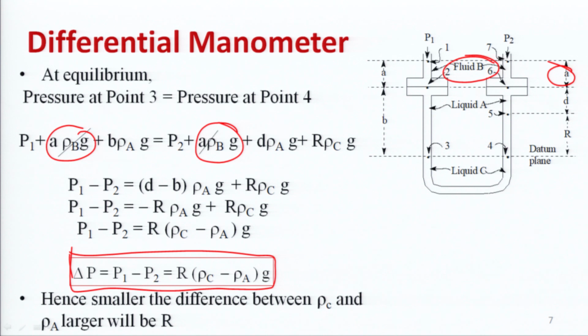That means fluid B does not play any role in the determination of pressure difference with the help of this manometer, that is the differential manometer.